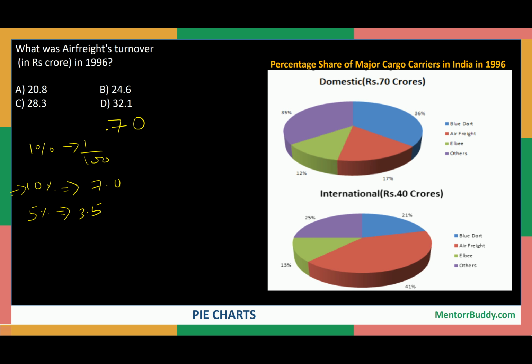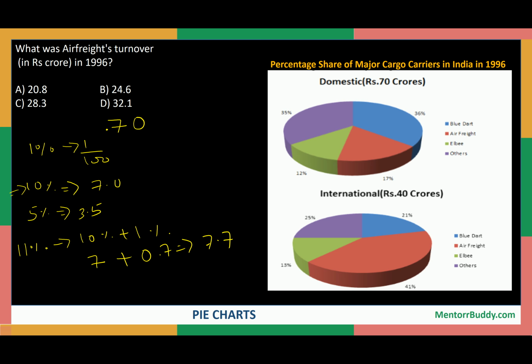If we need to find 11% of 70, how do we find it? 11% is nothing but 10% plus 1%. 10% we know, place the decimal one place to the left, that is 7. Plus 1% is the decimal two places to the left, that is 0.7, so that is 7.7.